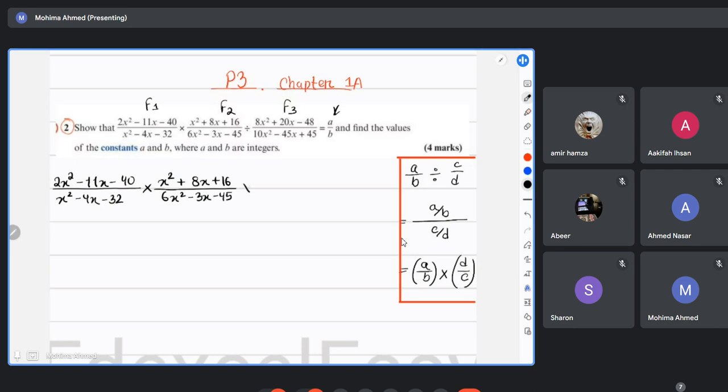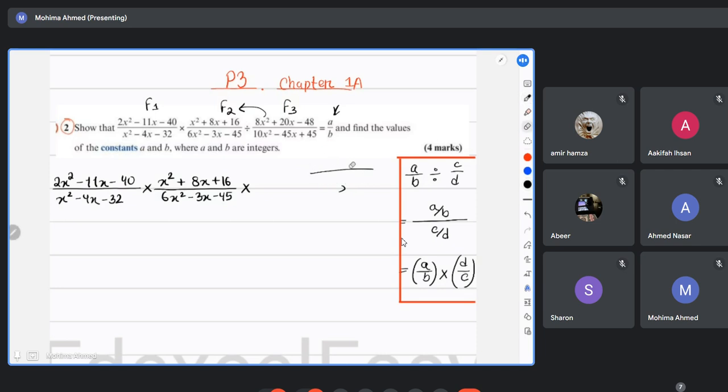Now, these two fractions will be multiplied with the inversion of the third fraction because it was actually divided with them. Eventually, this is what they look like: F1 multiplied with F2 divided by F3. Since F3 was itself a fraction, it will be inverted and multiplied with the numerator.